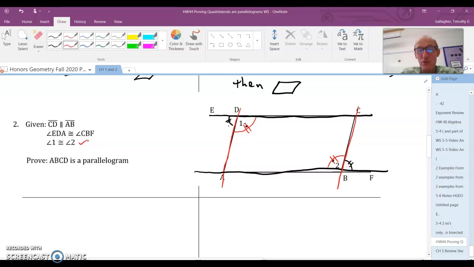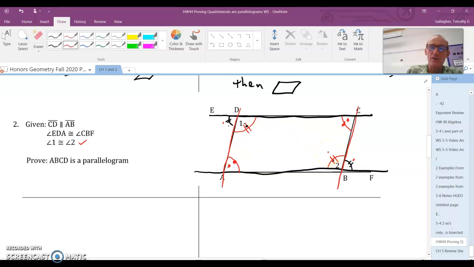Since CD is parallel to AB, that makes this angle congruent to this angle, and that makes this angle congruent to this angle. Now, these two angles are congruent by transitive property. And so both pairs of opposite angles are congruent, making this a parallelogram.